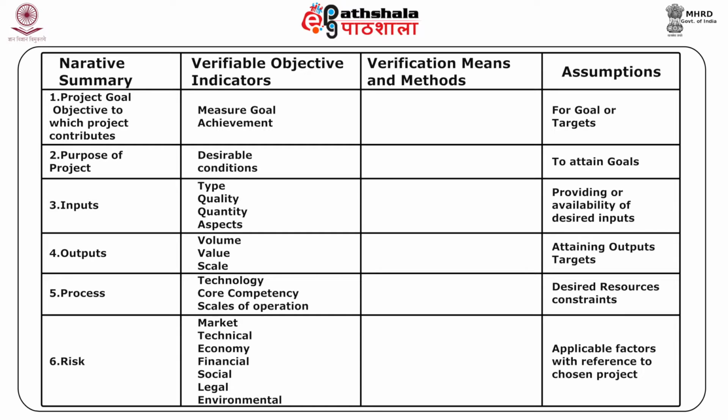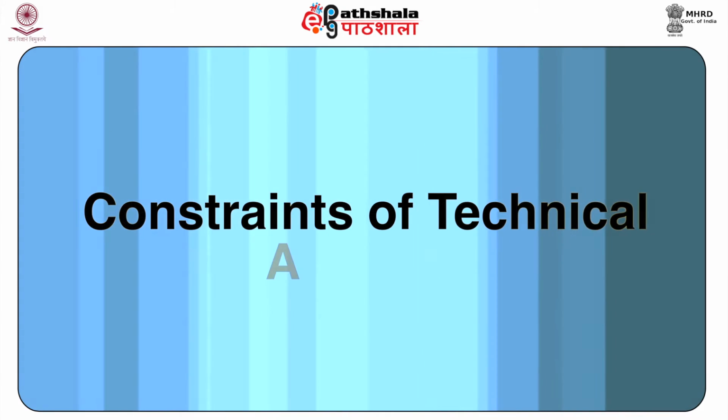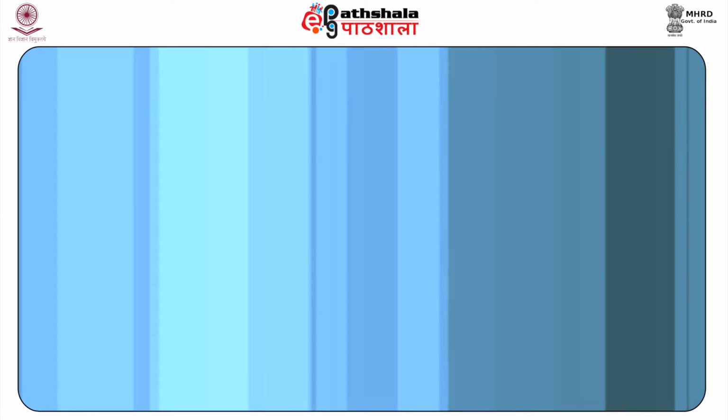Fifth, process, technology, core competency, scale of operation, nil, desired resource constraints. Sixth, risk, in the row side, market, technical, economy, financial, social, legal, environmental, blank, and applicable factors with reference to chosen project. Constraints of technical analysis.